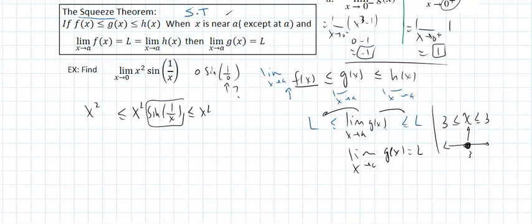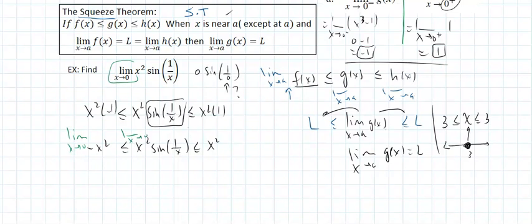The largest a sine could ever be is a 1, the amplitude, and the smallest it could ever be is a -1. So I know that x squared sine of 1 over x is bounded between x squared and negative x squared. I'm trying to find the limit as x approaches 0, so now I take the limit as x approaches 0 of each of those. And you could do that, that's allowed.